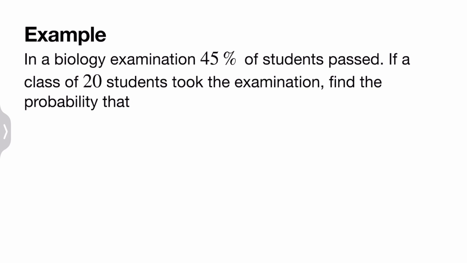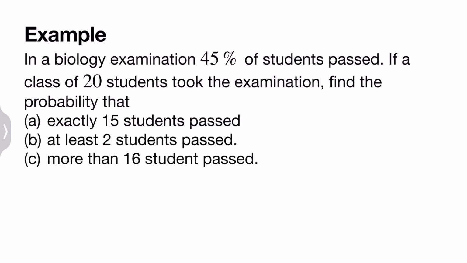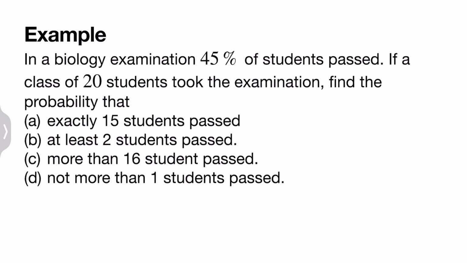Okay, real life situations example. In a biology examination, 45% of students passed. If a class of 20 students took the examinations, find the probability that exactly 15 students passed, at least 2 students passed, more than 16 students passed, and not more than 1 student passed. First thing first, what is random variable?